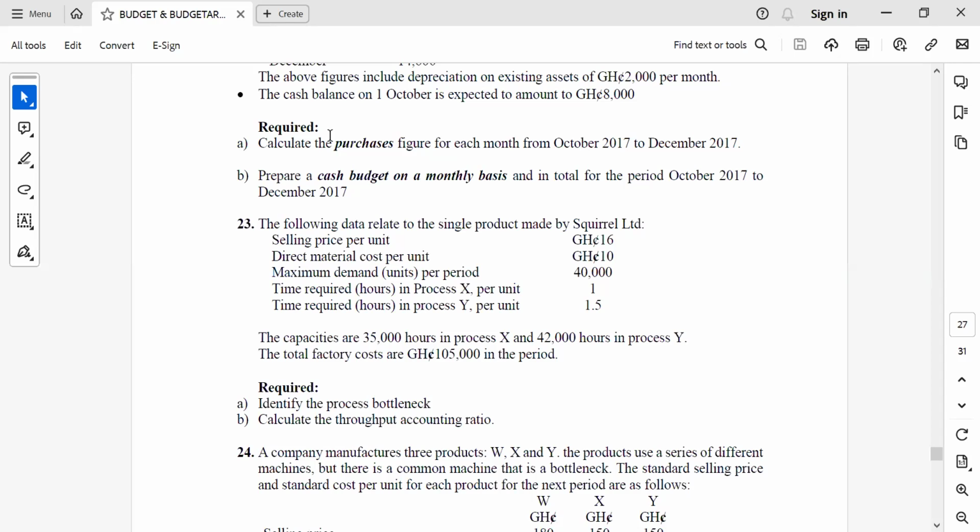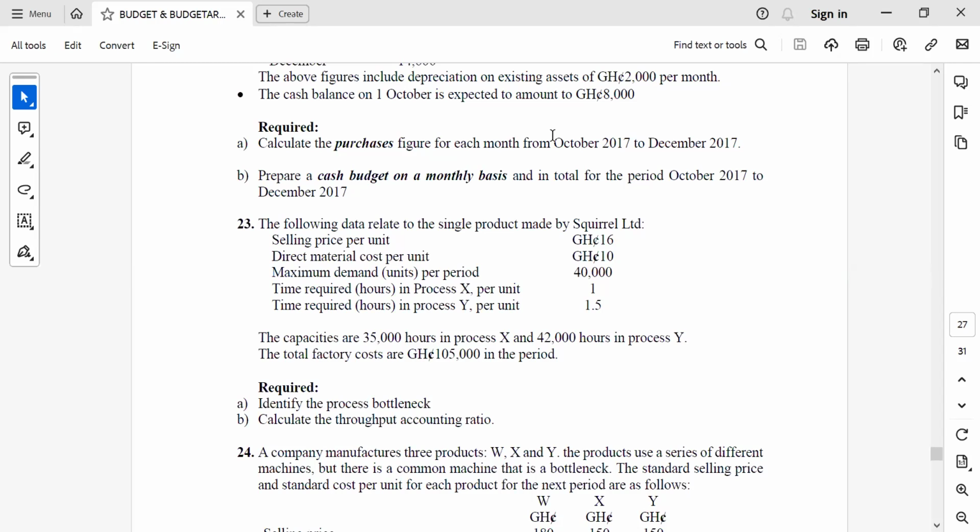What is the total bottleneck there? The bottleneck per unit, total bottleneck per unit. 1.5?